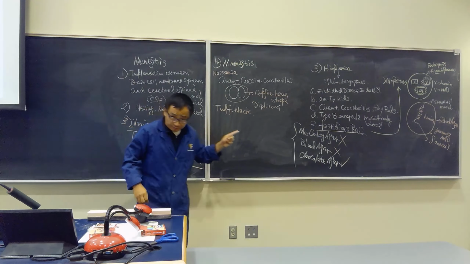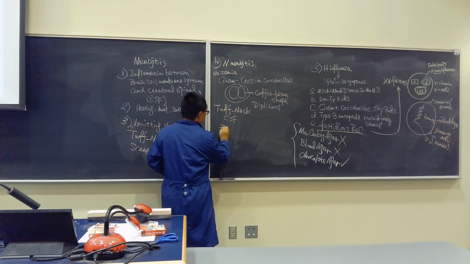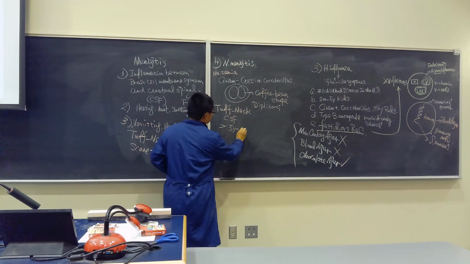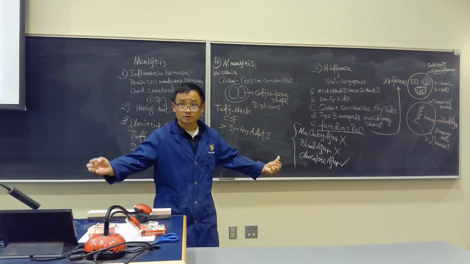If they find gram-negative coccobacilli that are coffee-bean shaped, and by the way surrounded by so many white blood cells, it is Neisseria meningitidis. Why is it so important? The risk group is 5-year-olds to 40-year-old adults. And I tell you one thing, who is the risk group? Undergraduates in the university.